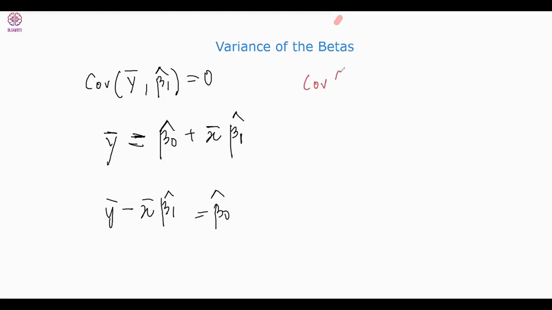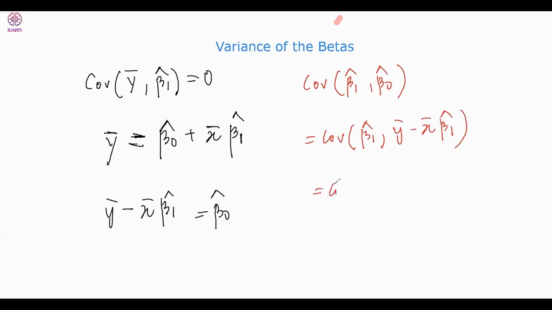Covariance of beta 1 hat comma beta naught hat is actually equal to covariance of beta 1 hat comma y bar minus x bar beta 1 hat. So we get the covariance of beta 1 hat and y bar equal to 0, minus x bar times the covariance of beta 1 hat, beta 1 hat.